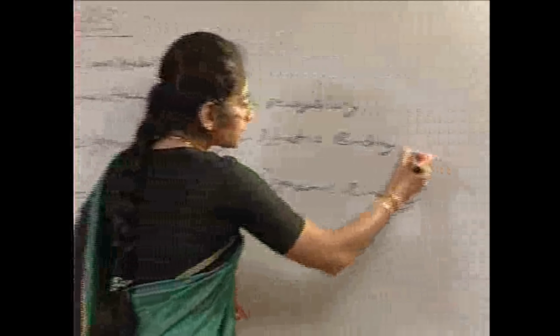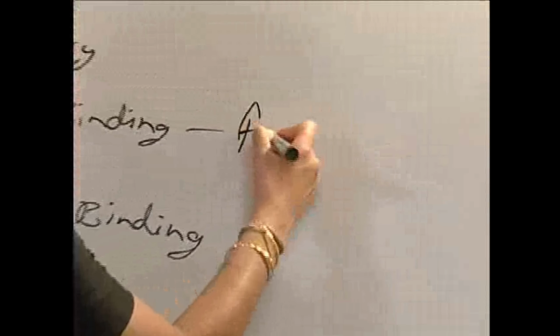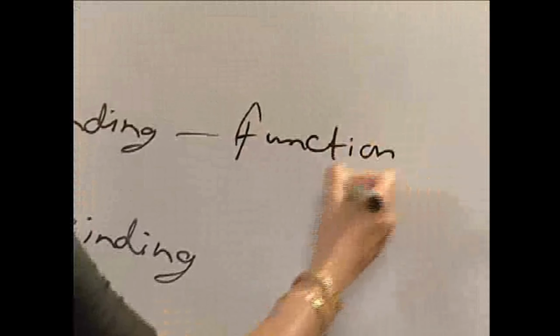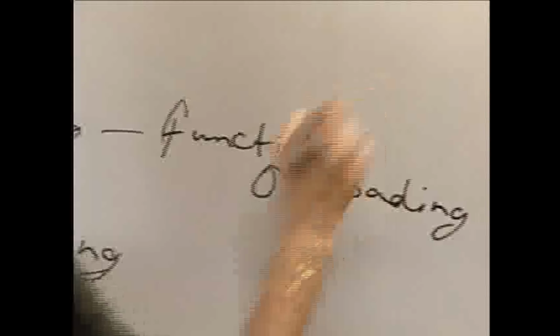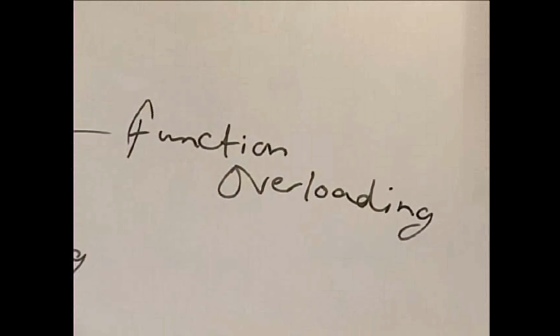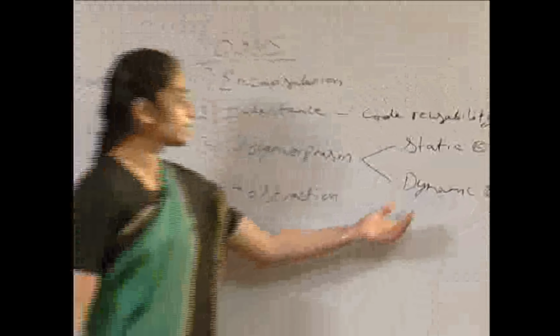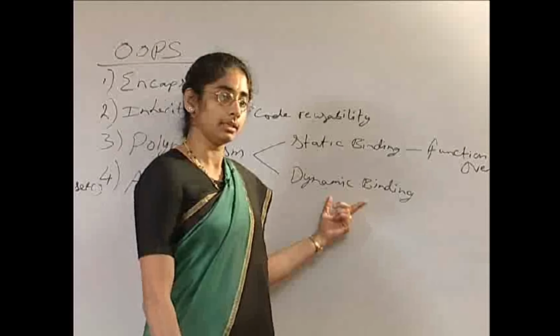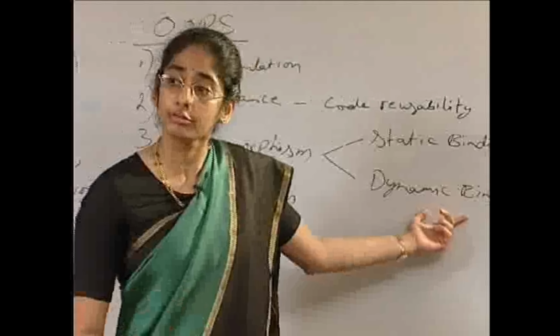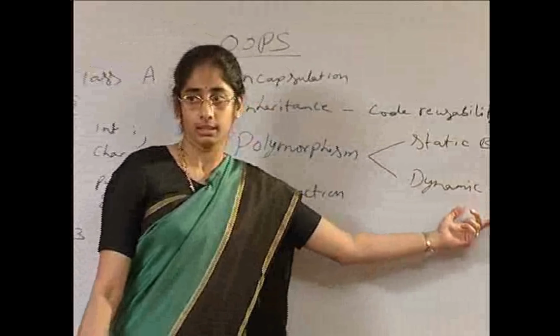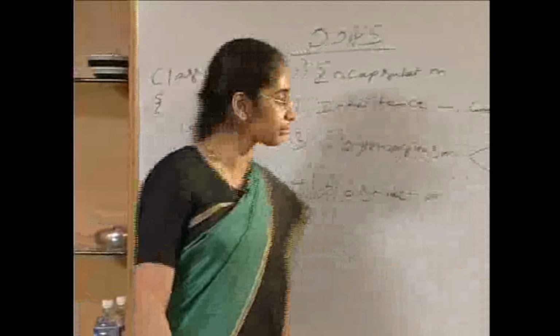An example of static binding is function overloading. When we talk about dynamic binding, it is when a particular object acts differently depending on the type of reference that's passed to it. We'll talk about this a little later.